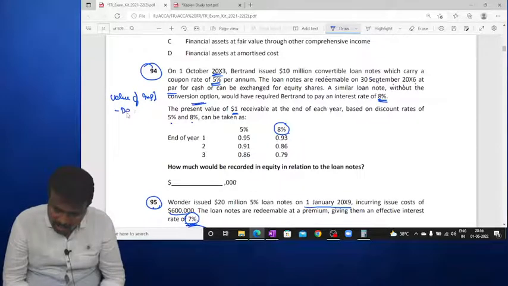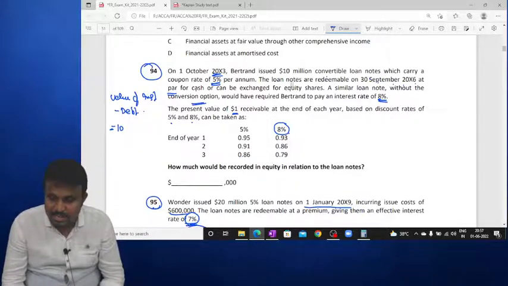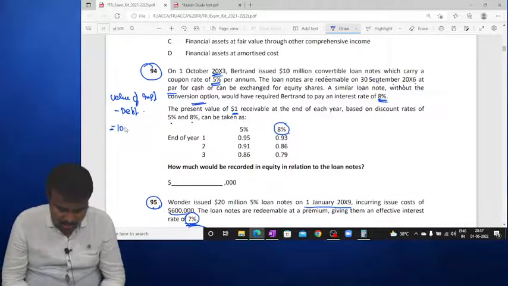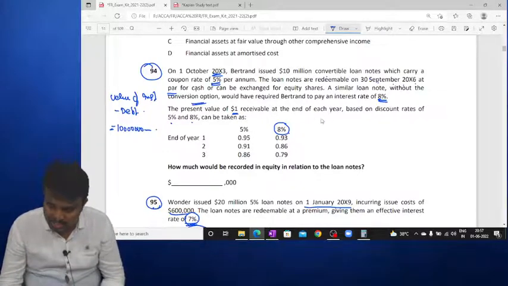From that we have to reduce the debt element. So $10 million is nothing but 100 lakhs. 100 lakhs minus debt element. What is the debt element?